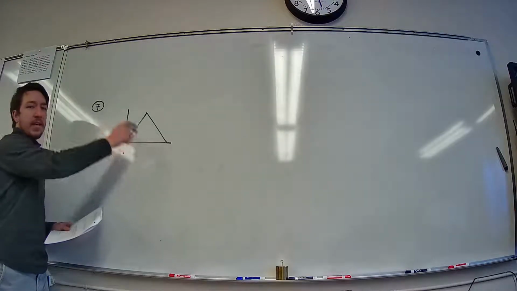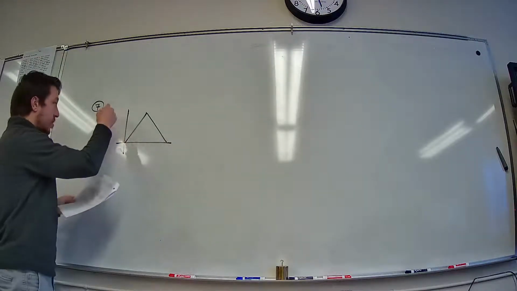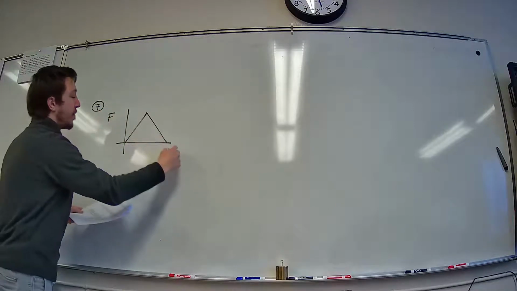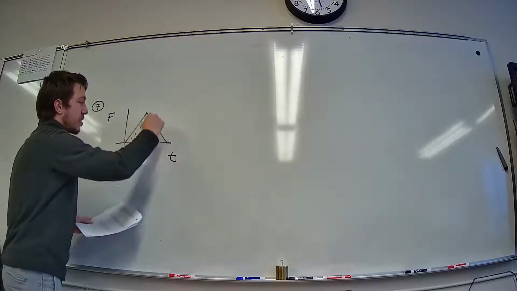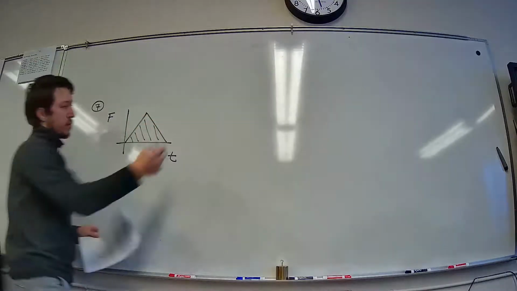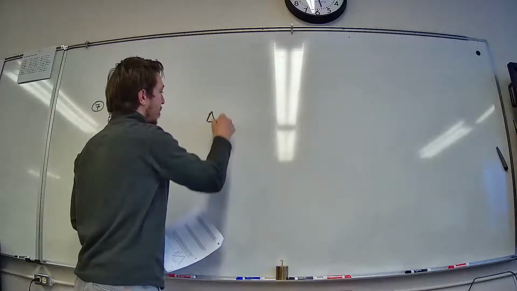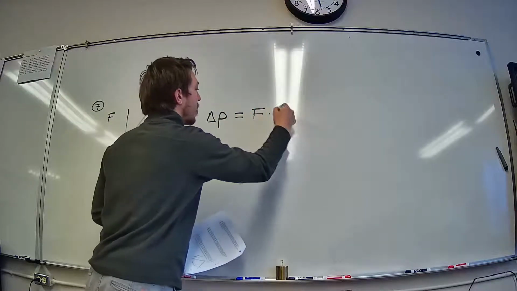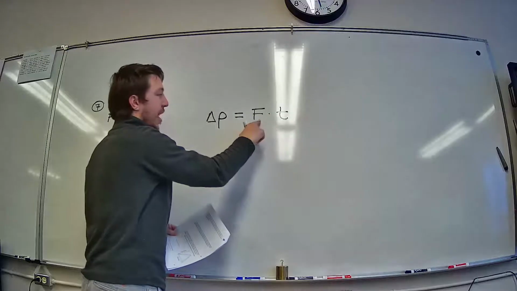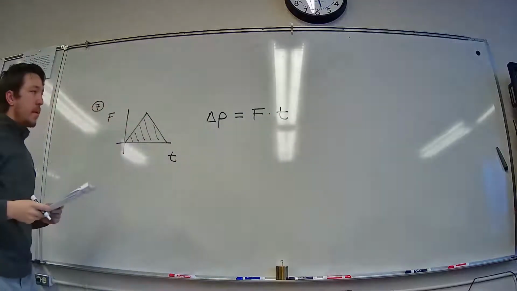Hopefully I briefly talked about this yesterday, right? If you have a force versus time graph, you go, well, what's the area under this curve going to represent? Well, the change in momentum is going to be equal to, now this is basically the average force times the time.